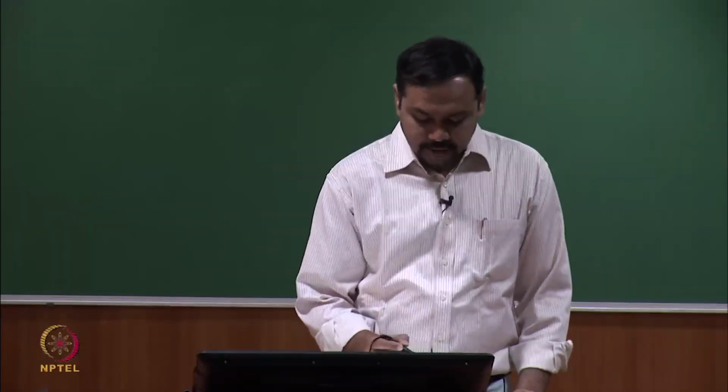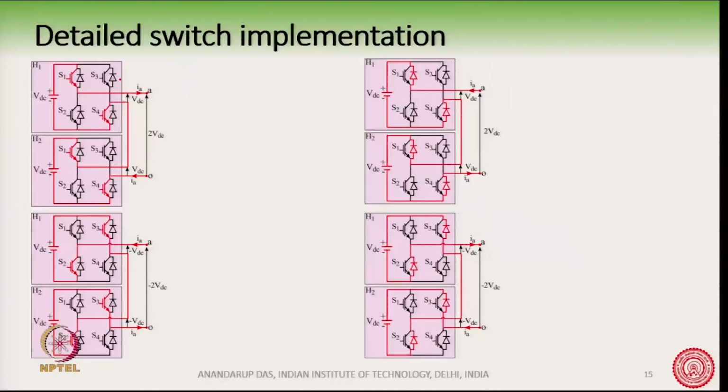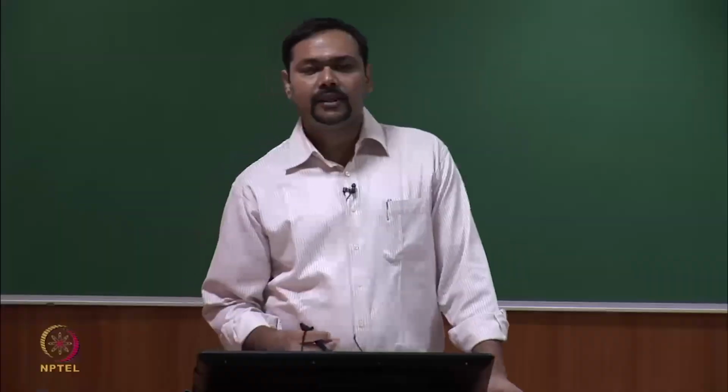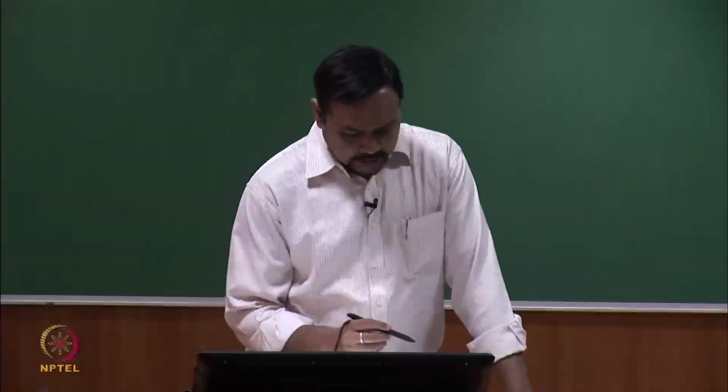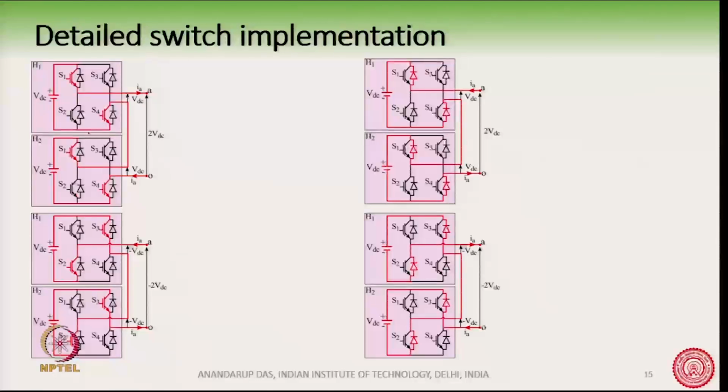Now we see the detailed switch implementation here. I am not going to talk about it in detail because we have already covered it earlier, where you can see how, depending on the direction of current, the switches are conducting.